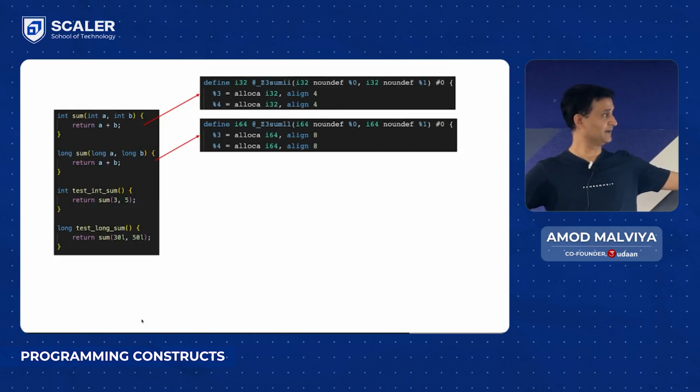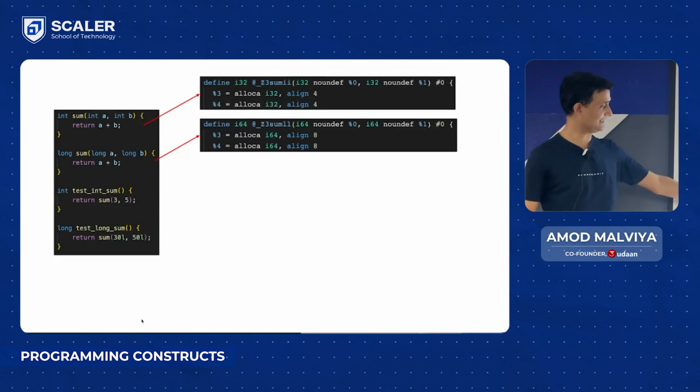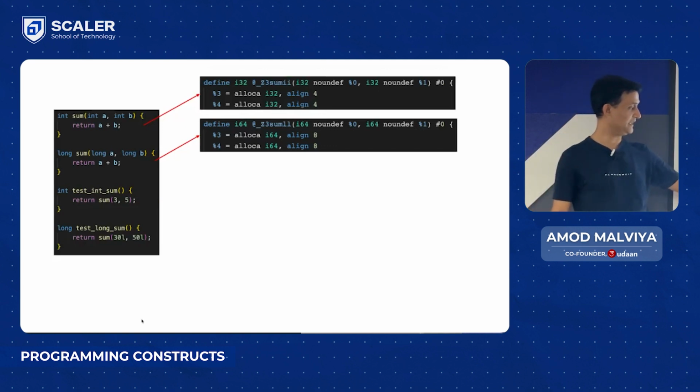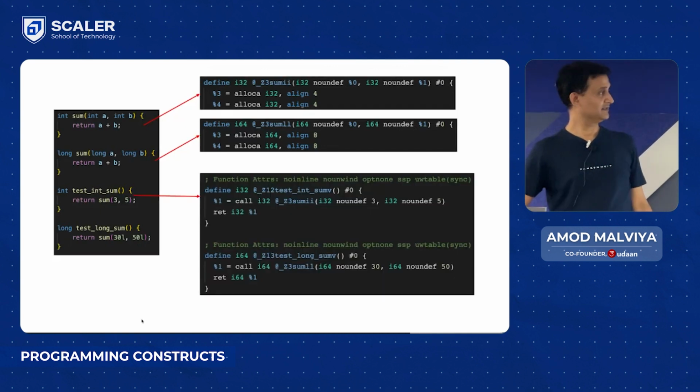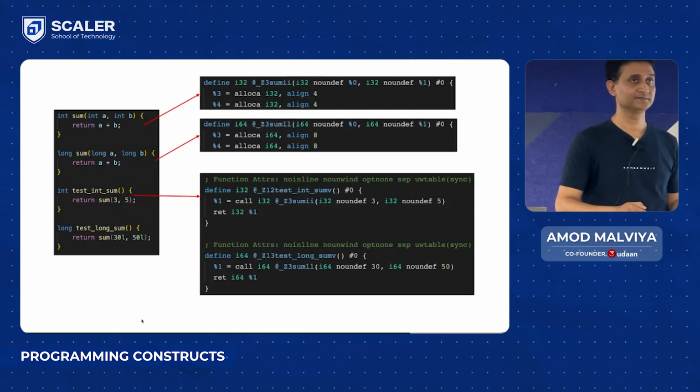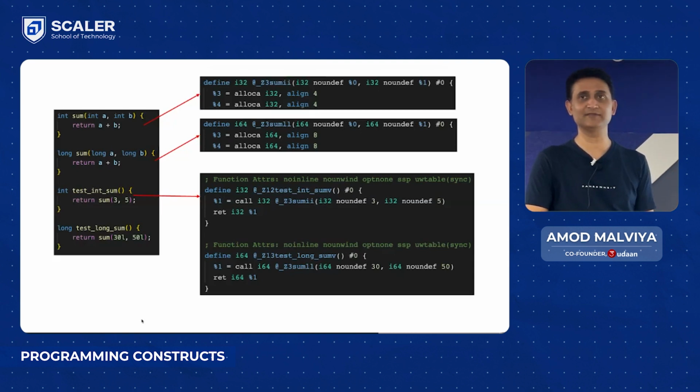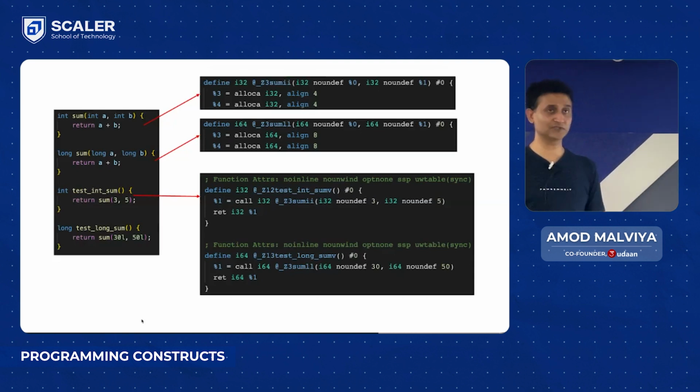Okay. At compile time, when I'm compiling test int sum, based on the type of the value that I use, does the compiler know which sum function to call? Yes. Okay. Which is what happens. So that is how function overloading is resolvable at compile time, by looking at this. So the compiler does it for you. The CPU doesn't have to do any hard work. Understood?